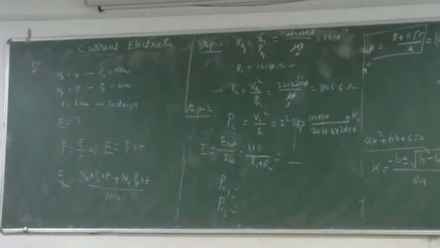So the options, the correct option is how much we have got? 90.8 kilowatt hour. Okay. So overall you get a total of 90.8 kilowatt hour if you simplify this.